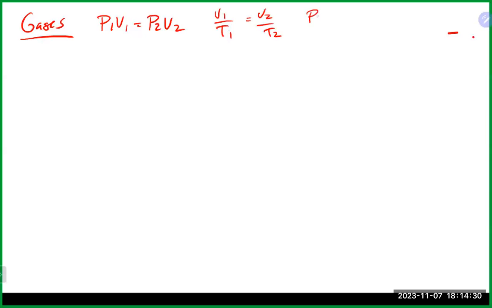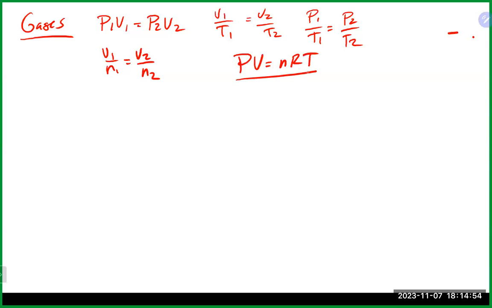Our Gay-Lussac's law, P1 over T1 is equal to P2 over T2. We had our Avogadro's law, which is V1 over N1 is equal to V2 over N2. And putting those together gives us our ideal gas law, which is PV is equal to nRT.